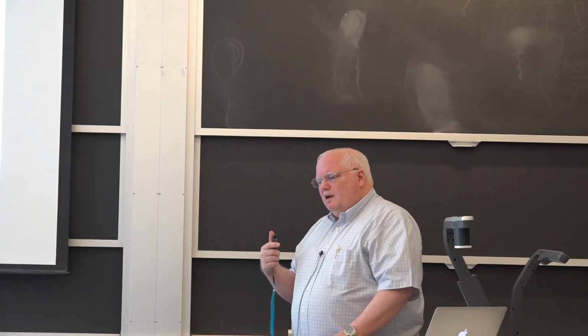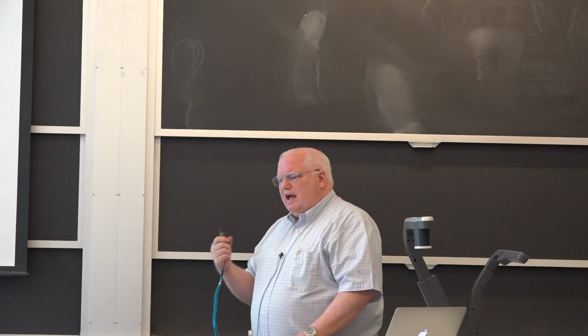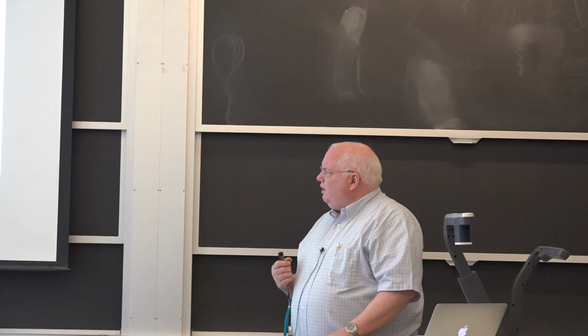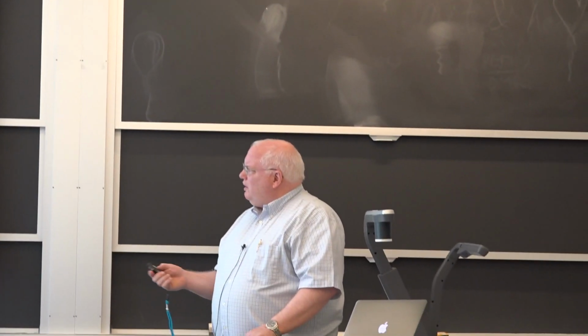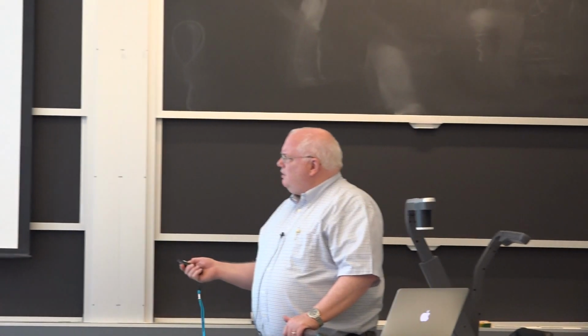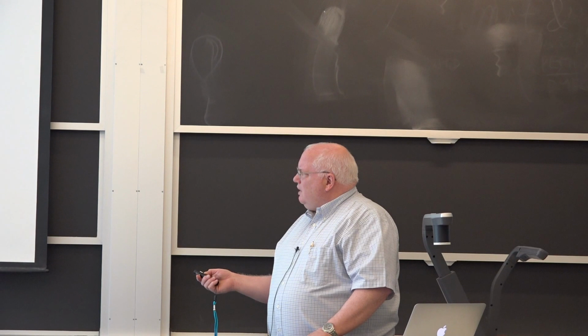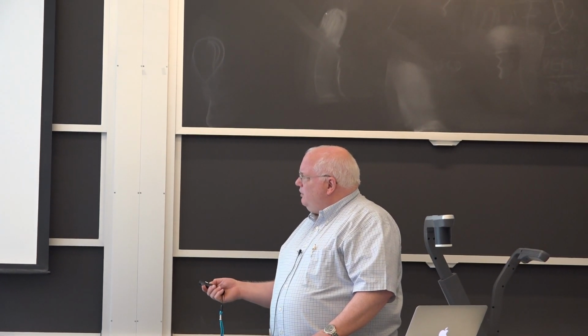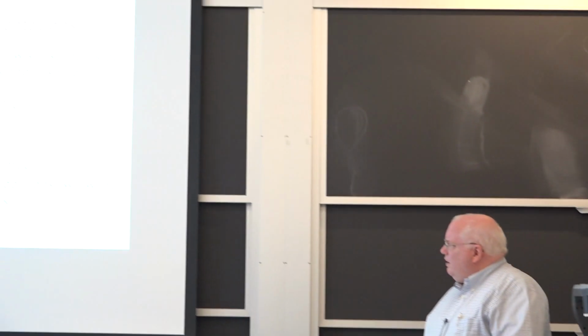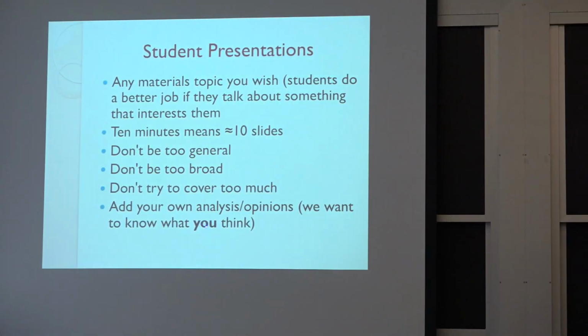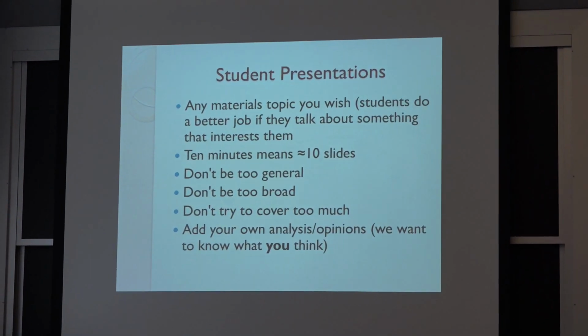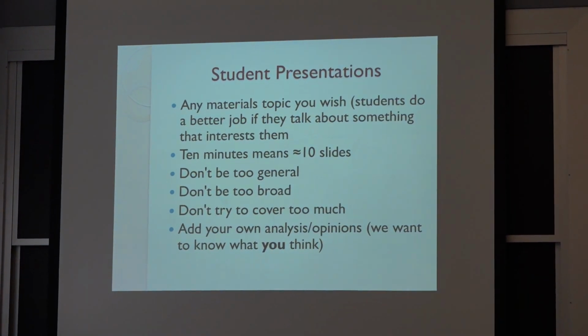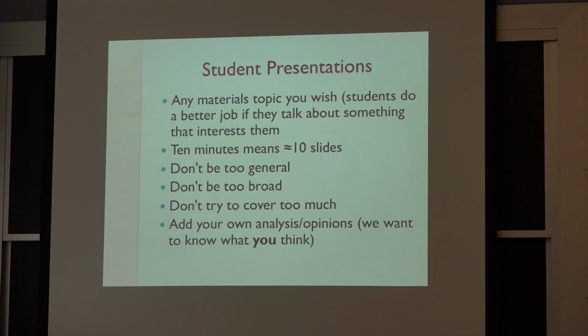Well, just looking at that foam damage would be a narrow enough topic to cover, rather than the design of the space shuttle as a whole, which would be a little broad. I'm asking you to tell us what you think about the topic, okay? Whether it's correct or not.